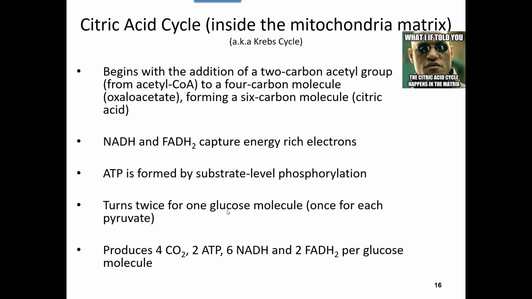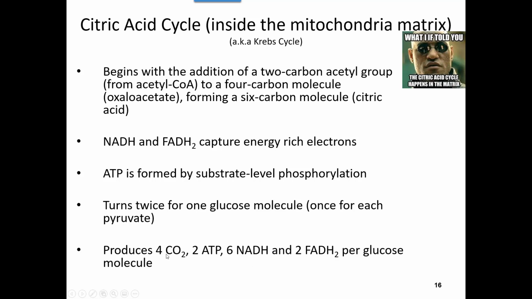So ultimately, at the end of the citric acid cycle, we're going to get 4 carbon dioxide, 2 ATP, 6 NADHs, and 2 FADH2s. We have a ton of electron carriers that are coming out of the citric acid cycle. At this point, we had a 6-carbon glucose molecule. It was C6H12O6.